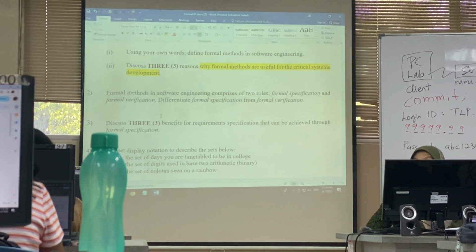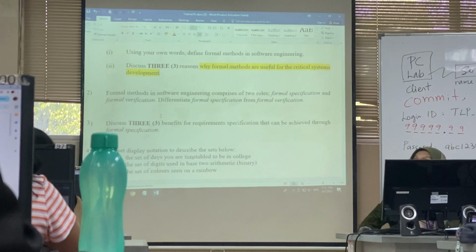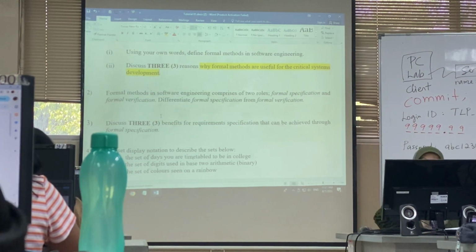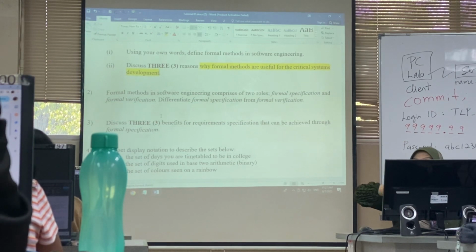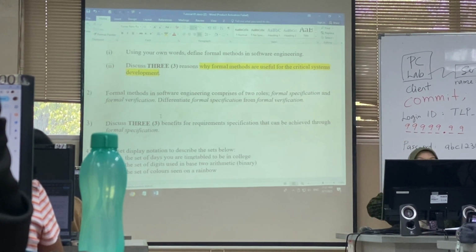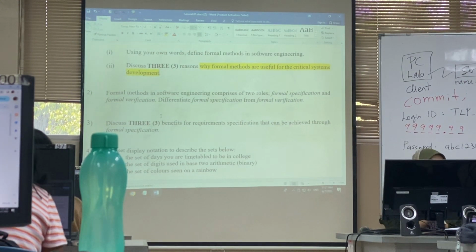Oh yeah, error detection. Okay? So for critical system, we are trying to go for formal method as early as possible to detect errors. Remember yesterday I talked about the train door. You are trying to prevent any errors from occurring as early as possible.